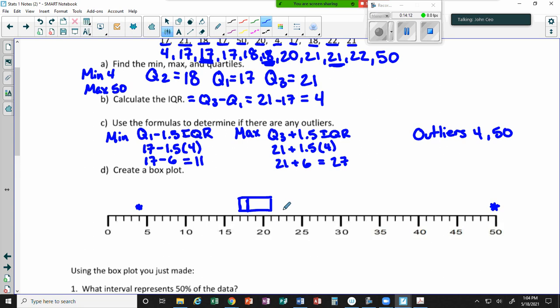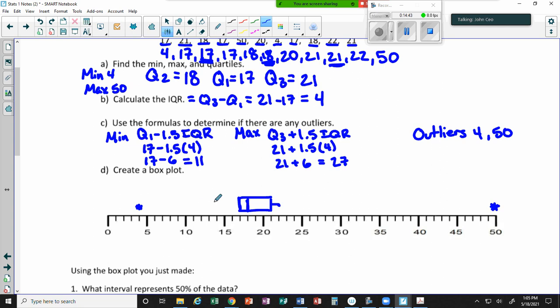Okay, now what I'm going to do is mark out where I need to draw my whiskers to, those lines. So it's the highest number that is not an outlier. So what's the highest number that's not an outlier? 22. What's the smallest number that's not an outlier for the other one? Well, guess what? 17 is my Q1.